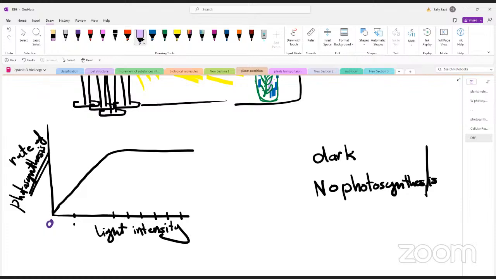So from here to here, this part, I can say light is the limiting factor. Okay, why? Because light was found in shortage.